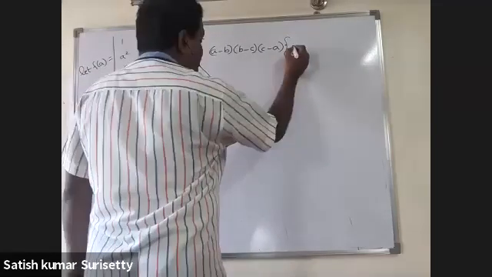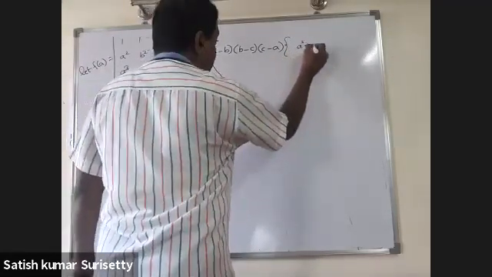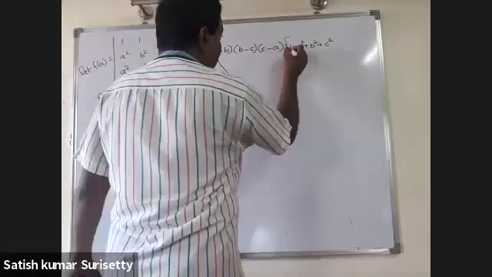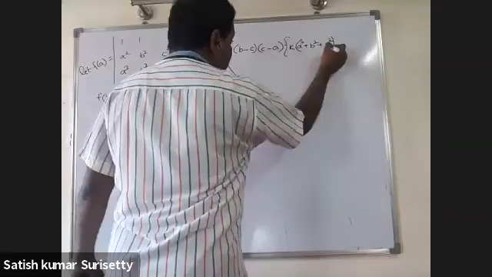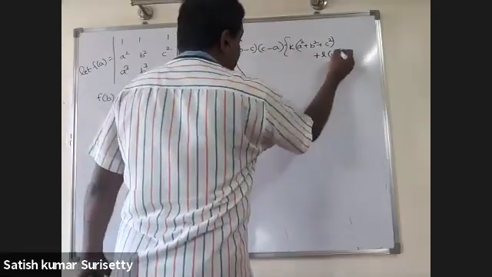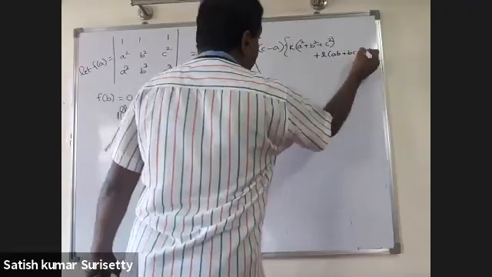That means I should take a square plus b square plus c square, so take k into a square plus b square plus c square plus l into ab plus bc plus ca.